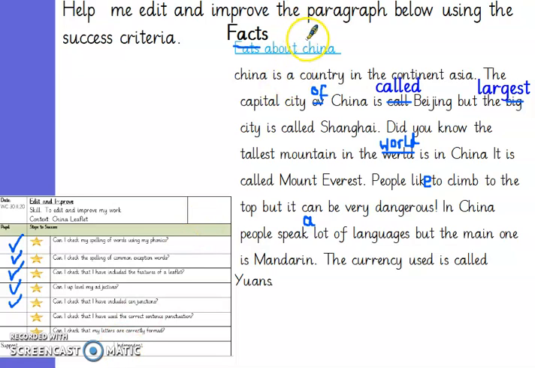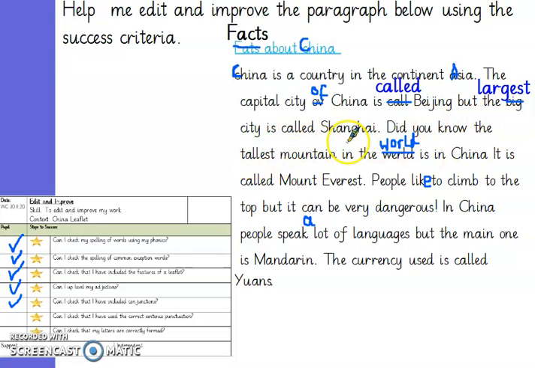Can I check that I've used the right punctuation? Now, I noticed this before. We know capital letters are used for the name of places. So that should have been a capital letter, and that should have been a capital letter. This is also the start of the sentence. That wasn't very good, Miss Hemingway. China is a country in the continent Asia. The capital city of China is Beijing, but the largest city is Shanghai.